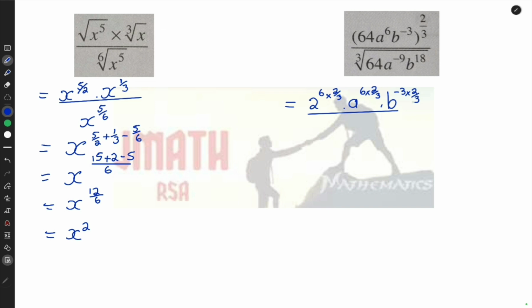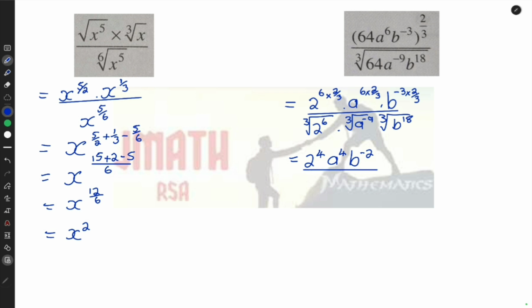The bottom, I'm going to give each its own cube root, so that's also 2 to the power 6 in a cube root, times cube root of a to the power minus 9, and then cube root of b to the power 18. So now if I simplify at the top, 6 times 2/3 actually gives me, again, 12 over 3, so 2 to the power 4, a to the power 4, and then b to the power minus 2.